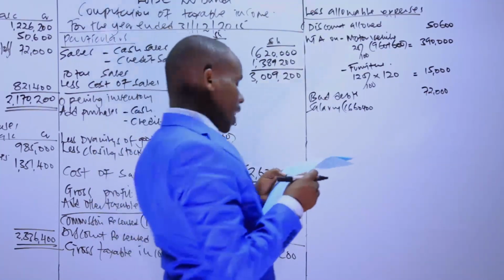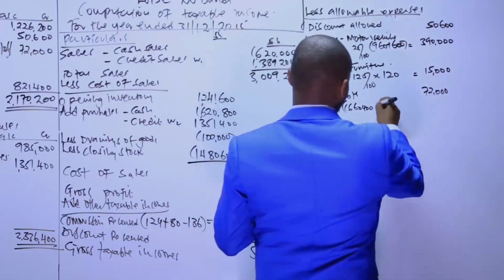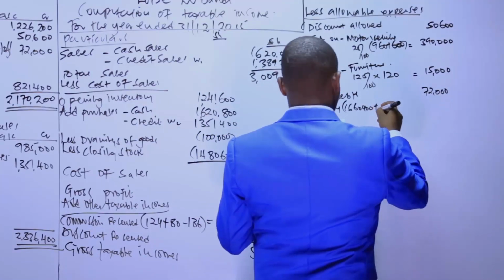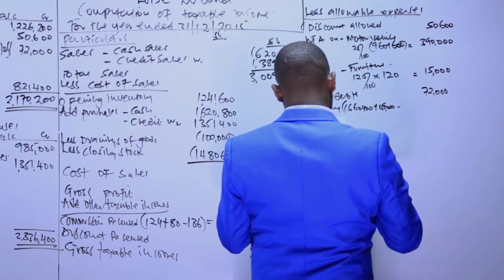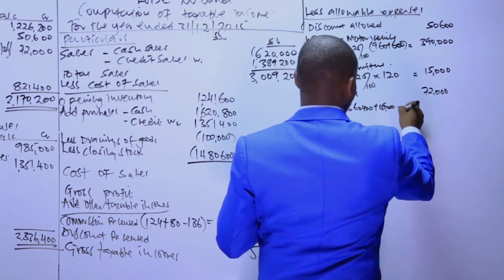Then we have salaries due. So salary due we add as at the end. So plus accrued as at the end plus 150, minus as at start 184.